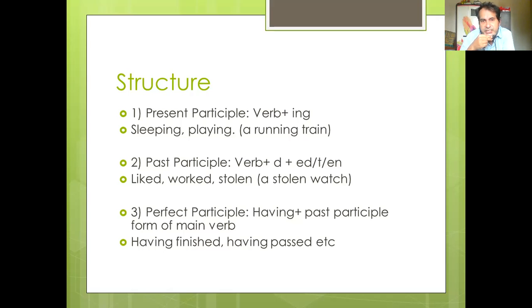Having finished or having passed. So this is the structure of the perfect participle. If you find somewhere having and then the main verb given in your exam, then you can obviously use the past participle form in that question. So these concepts are very important for your exam.